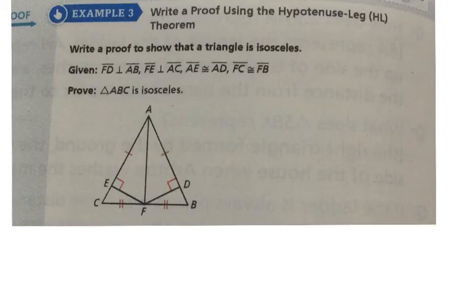I have to write a proof to show that the triangle, that a triangle, is isosceles. So they're wanting to prove triangle ABC is isosceles.